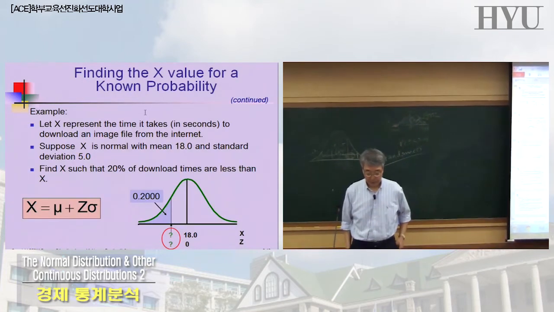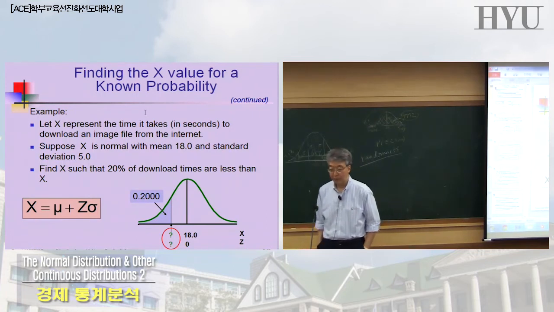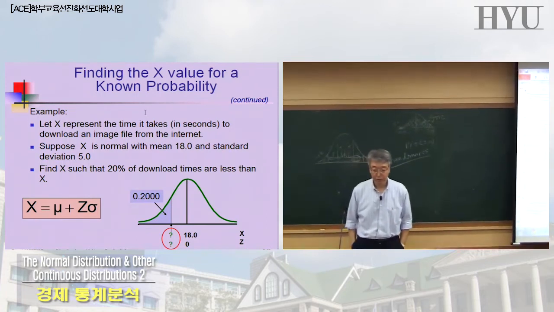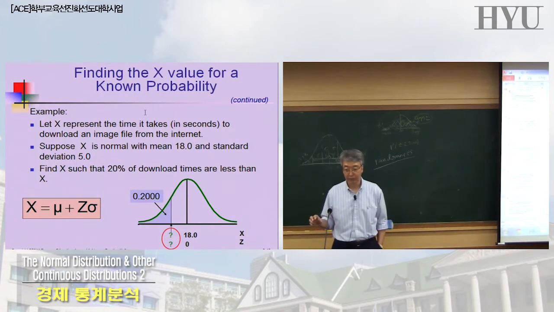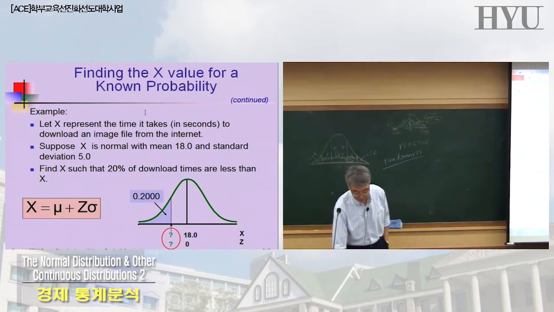Here's another important concept. Sometimes instead of finding the probability based on the X value, we want to find the X value based on the probability. Okay? So using the previous example, this company claims that on average their download speed is 18 seconds. Okay?